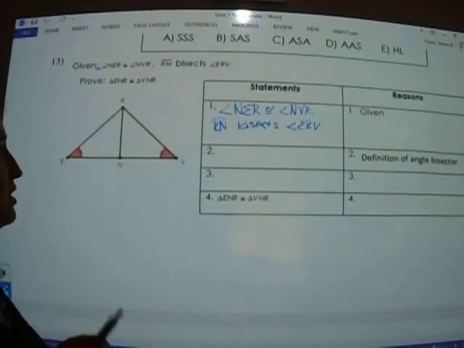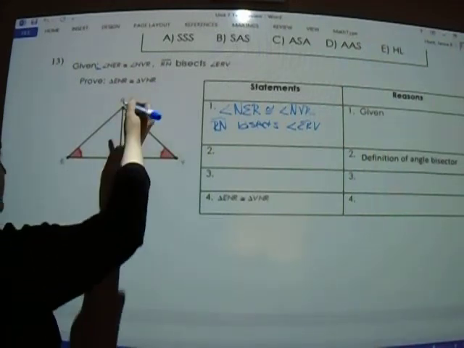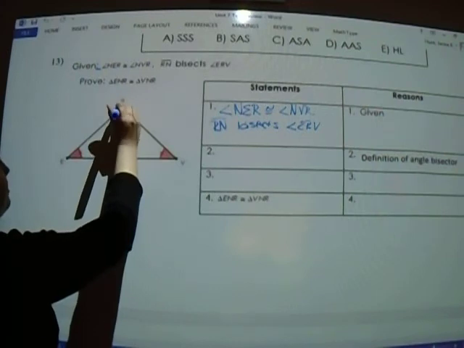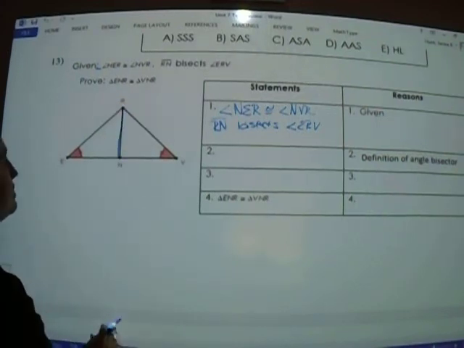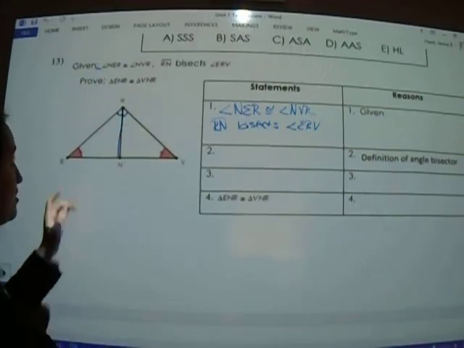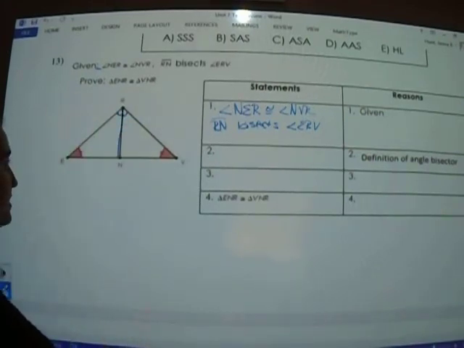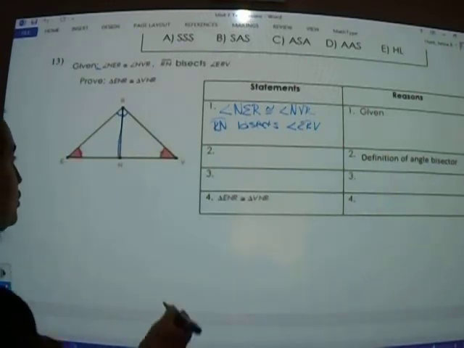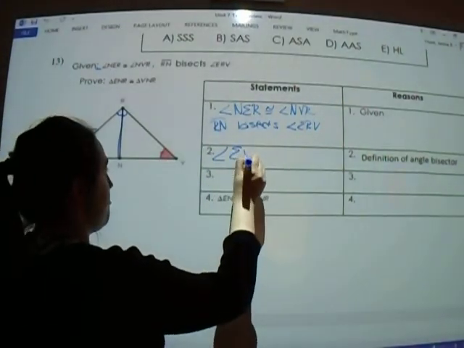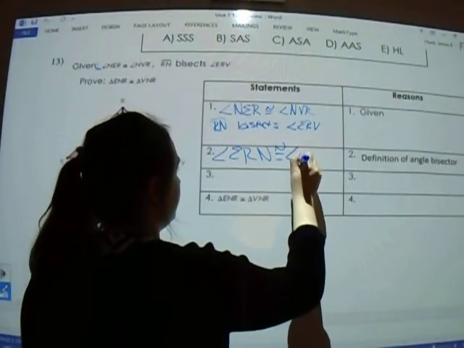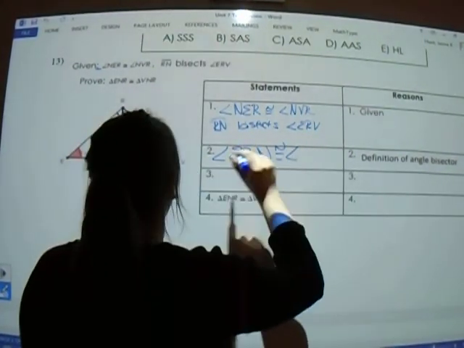So, the definition of an angle bisector, since this right here is bisecting this angle ERV, we know that these two angles are equal to each other, because it cuts ERV in half into two equal halves. So angle ERN is congruent to angle NRV.